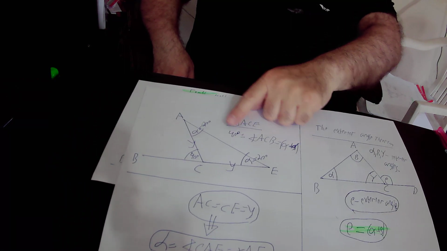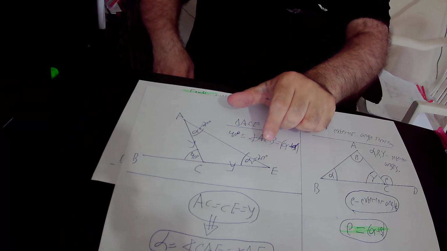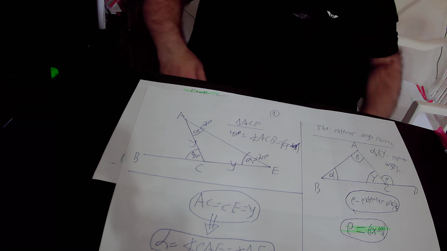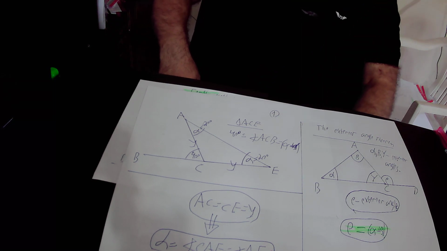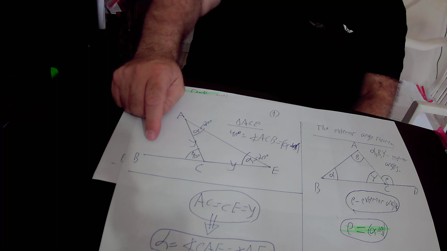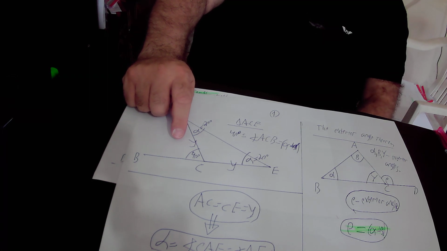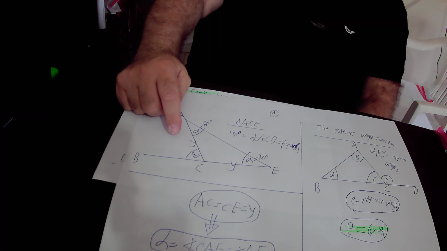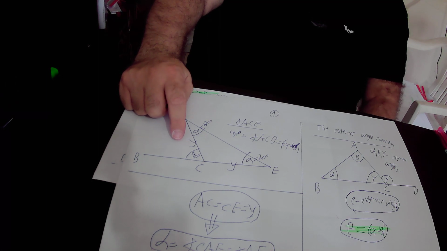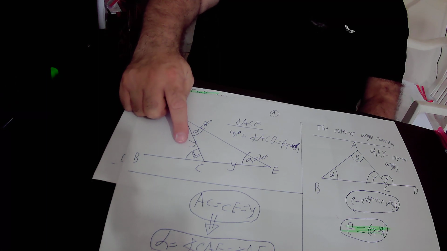Okay, so then I implemented the exterior angle theorem in this triangle, triangle ACE. In triangle ACE, we have those two angles that are both equal to alpha that are defined as interior angles, while angle ACB is defined as an exterior angle. Why? Because it is located outside triangle ACE, and according to the exterior angle theorem, the size of angle ACB is equal to the sum of the two interior angles that are not adjacent to it.